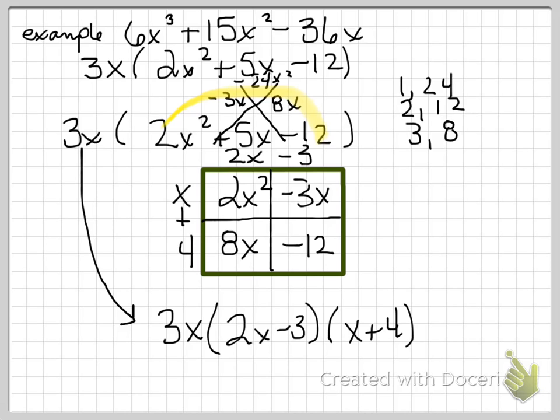So the next one has the x squared, but it doesn't have a middle term. We only have 2 terms. So I have a 9x squared minus 16. Well, there's no GCF in this one. Sometimes there is. Sometimes we can take one out.